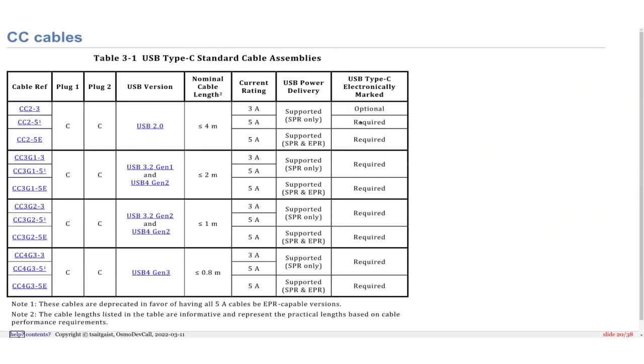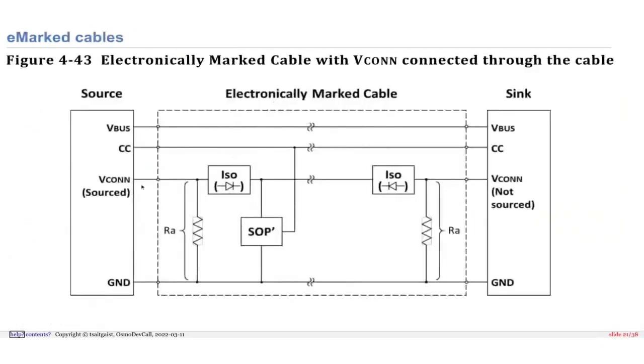And this electronic chip is what I've hidden from you with the RA resistor. So in the cable itself, there can be a resistor called RA, and when this is present, it indicates that this is an electronically marked cable. And here what you see, what they call SOP, is actually the chip within the cable, which is connected to the CC wire.